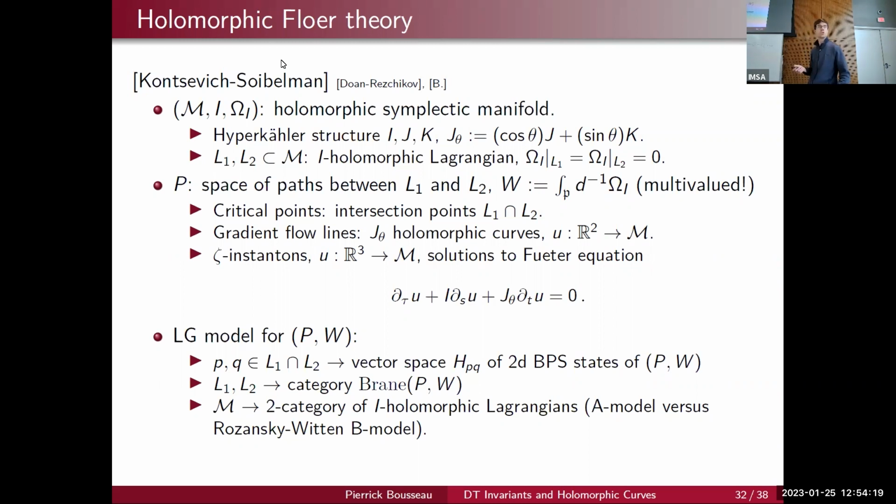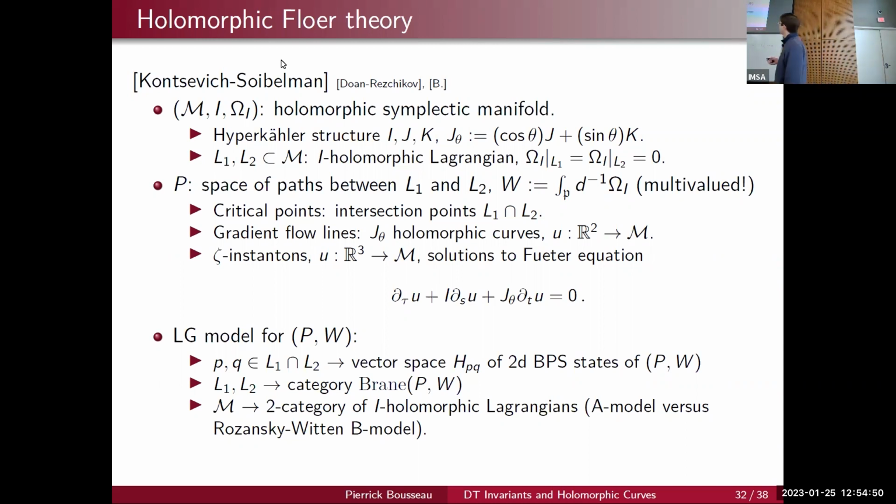In the same way that in usual Floer theory, you consider a Morse-like function by integrating the symplectic form, here you get a holomorphic function by integrating the holomorphic symplectic form. Then you have an infinite dimensional Landau-Ginzburg model: this space of paths P with the holomorphic function W, and you can try to play the games we play with finite dimensional Landau-Ginzburg models in this infinite dimensional setup.